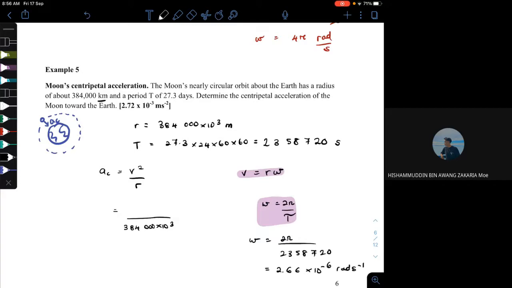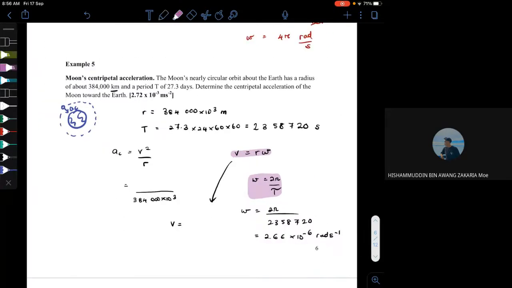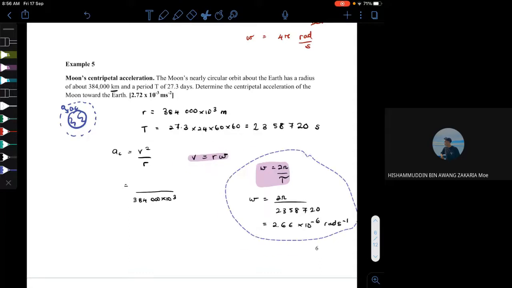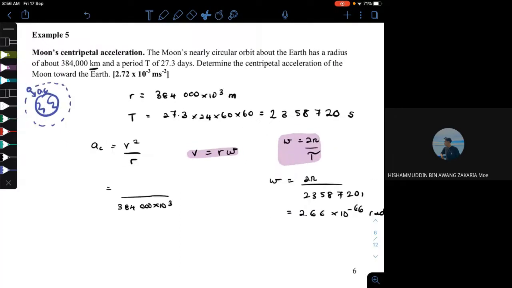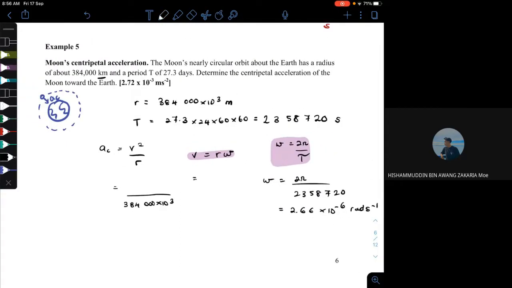So you just put it here. V equals R omega. Your R is 384,000 times 10^3 times 2.66 times 10 to the power of negative 6. So your velocity would be roughly 1022.98 m/s.